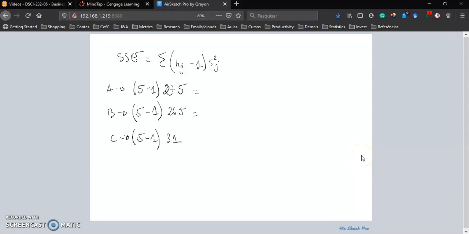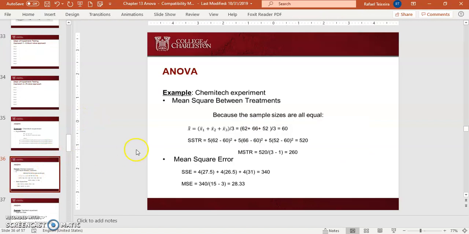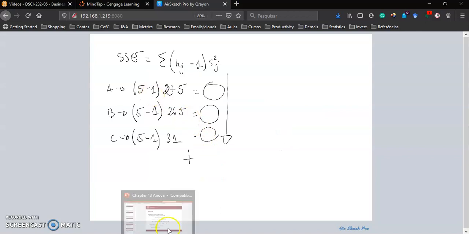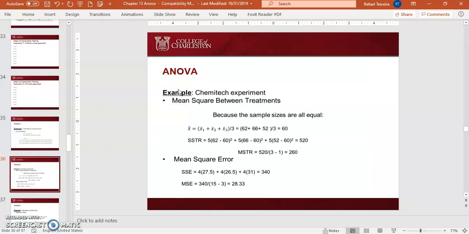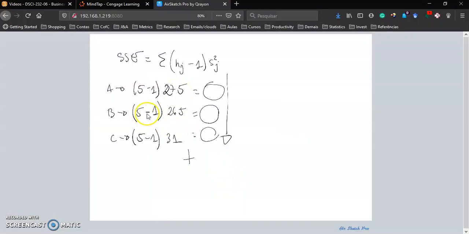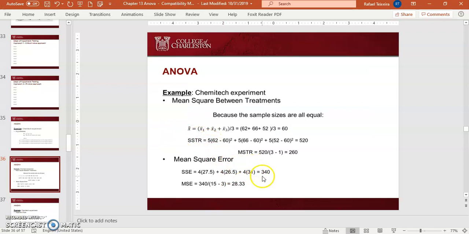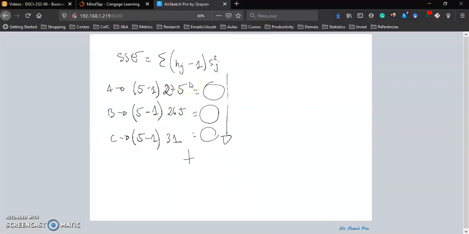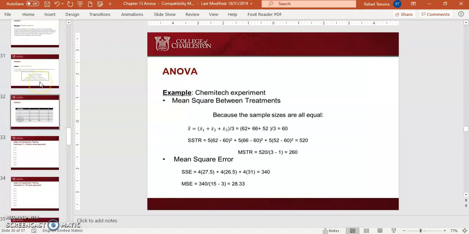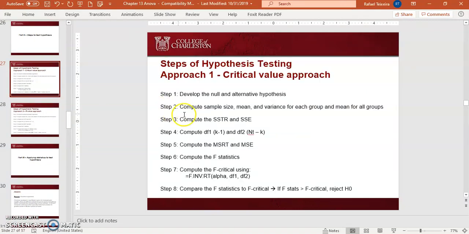If I compute these numbers and sum them, it's 4 multiplied by 27.5, plus 4 multiplied by 26.5, plus 4 multiplied by 31. So the summation is 340. I did that. This is the second step in my sequence of steps.